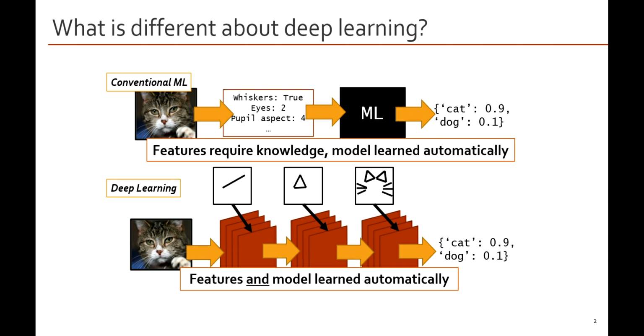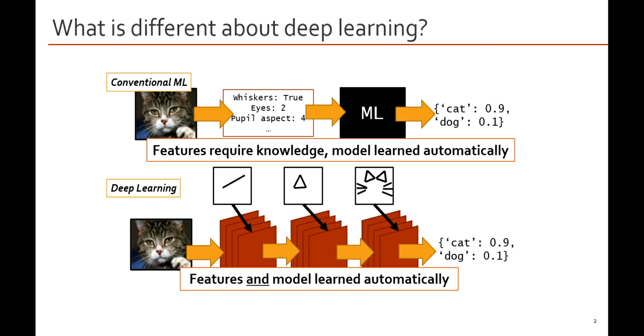I would say measure whether this image has whiskers, count the number of eyes, and count the aspect ratio of the pupil, which in the case of a cat's is very thin compared to dogs. So if I train a machine learning model, it should hopefully have enough information in these feature sets to be able to build a very good discriminator between cats and dogs.